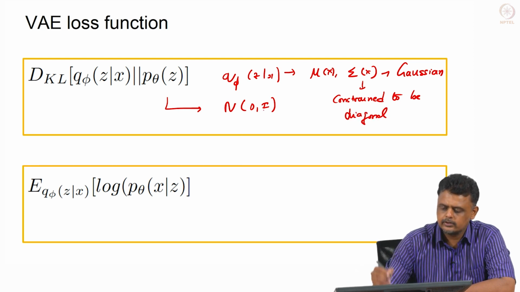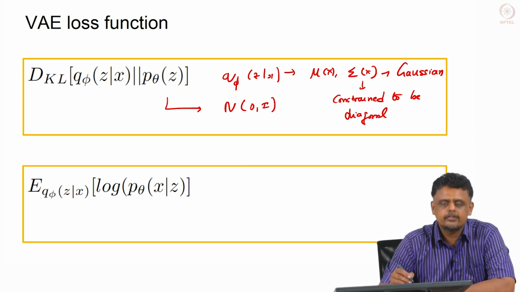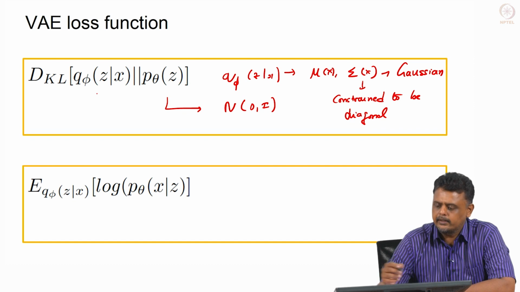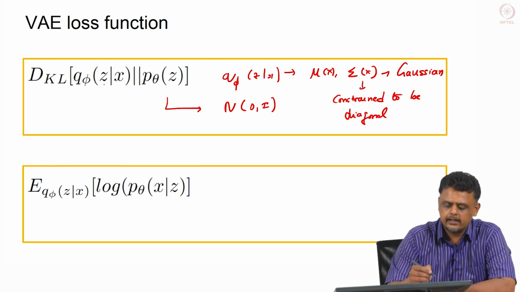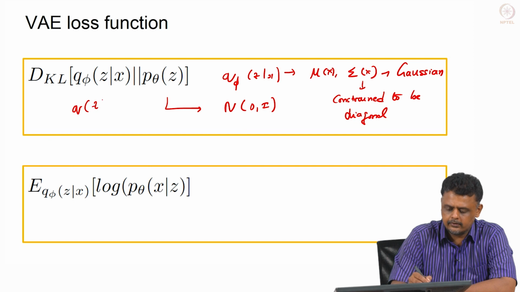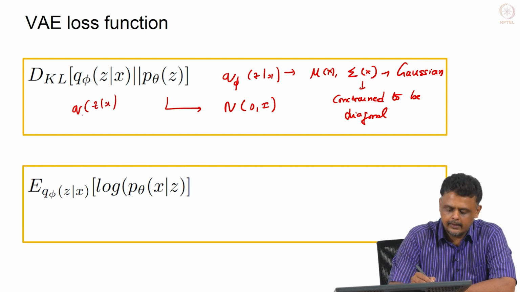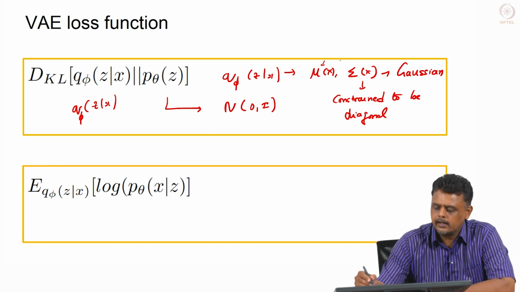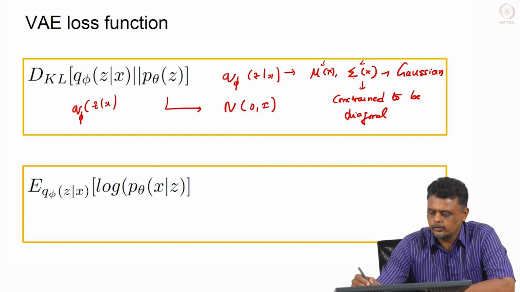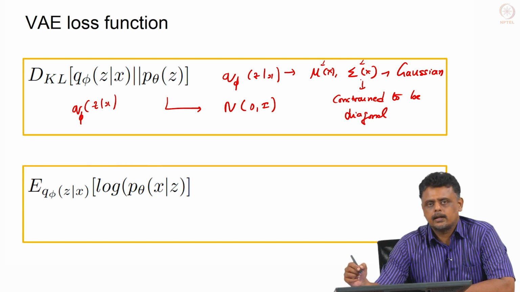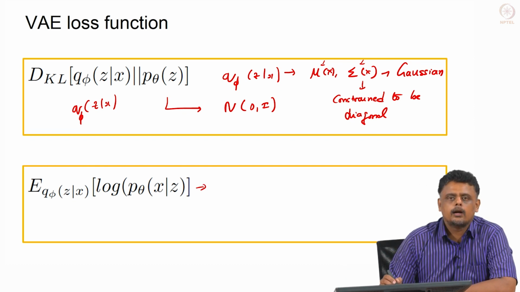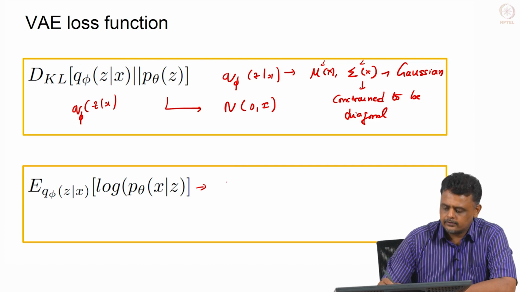Okay. And so is this one, the identity matrix. So, our prior for z is basically a standard normal distribution, and the parameters of the posterior distribution q of z given x, which is output by the network whose parameters are phi, are again interpreted as the mean and covariance matrix of a Gaussian distribution, of course, with the covariance matrix being constrained to be diagonal. Okay. Now, this is your reconstruction loss.